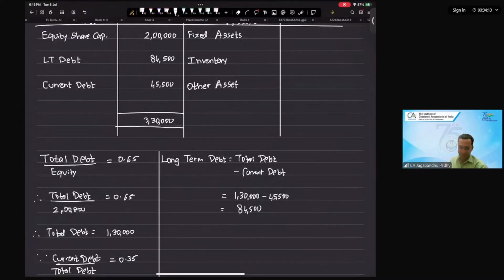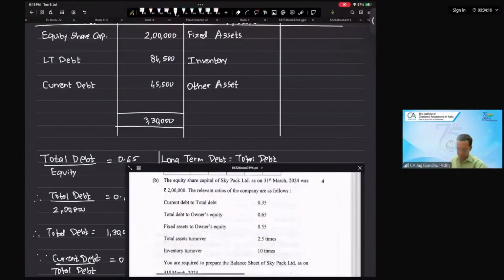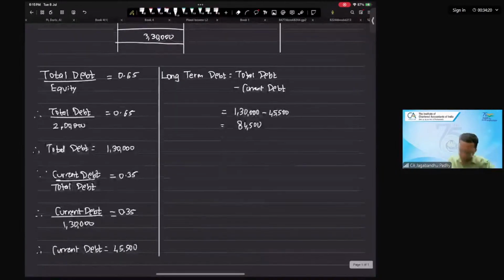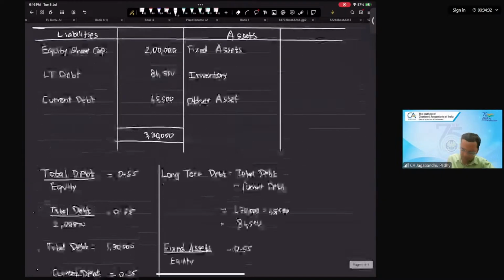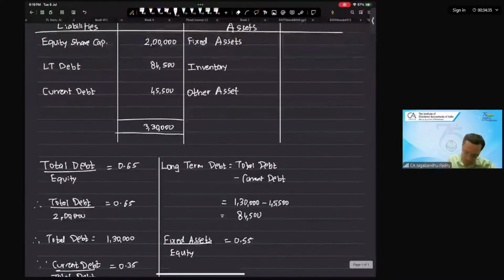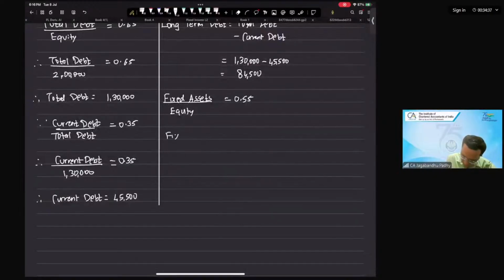Now let's use the fixed asset ratio. Fixed asset to owner's equity is 0.55. So we have fixed assets upon equity is 0.55. Now owner's equity is 2 lakh, so fixed asset upon 2 lakh is 0.55.